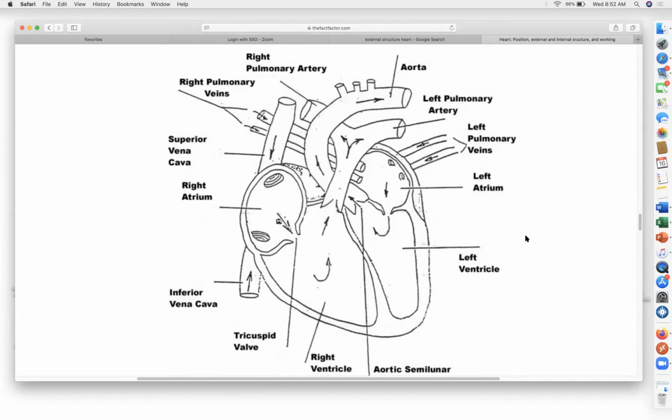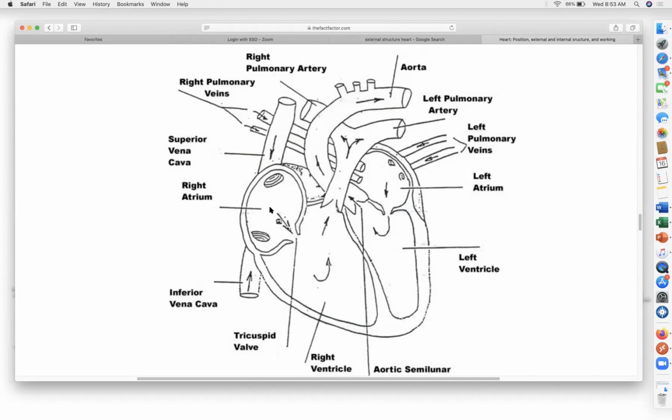So if this is the anterior view, the left side is over here, and the right side is over here. Okay? So this is obviously left atrium, left ventricle, but we now know there's a door that goes from the left atrium to left ventricle. So that's got to be the bicuspid, also known as the mitral valve.